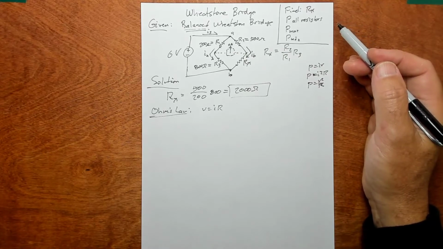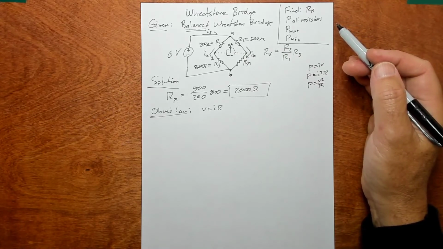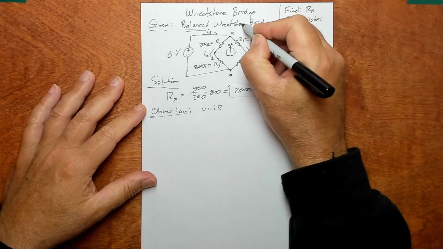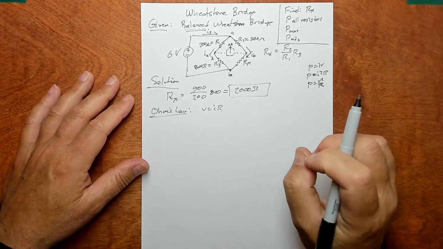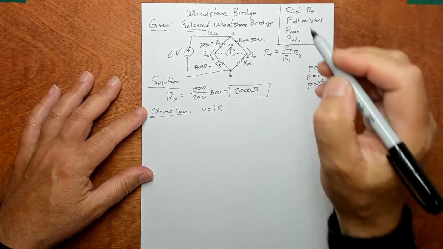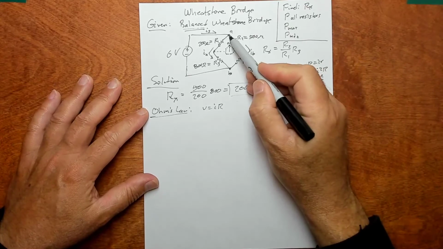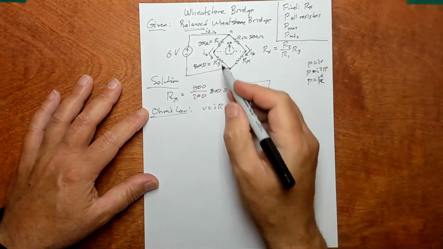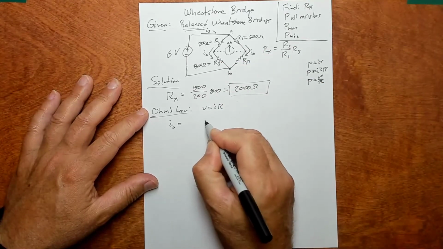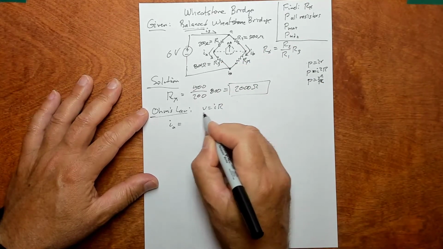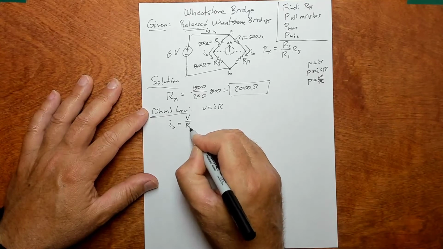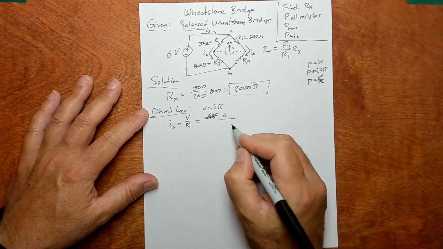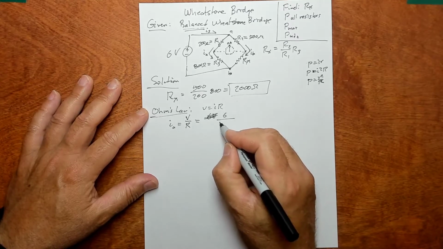That's kind of what we're trying to do in chapter 1 and chapter 2, just get basic familiarity with some real simple circuit behavior. Anyway, the voltage across this branch is 6 volts, so we can find I sub A. Solving Ohm's law for I, it's V over R, where V is the total, 6 over 200 plus 800.